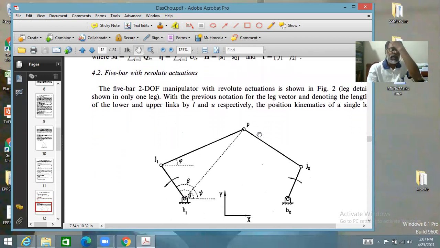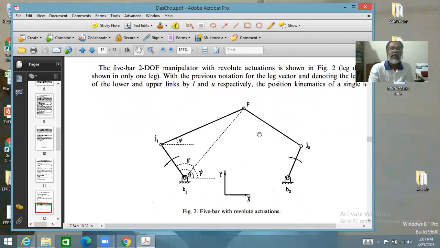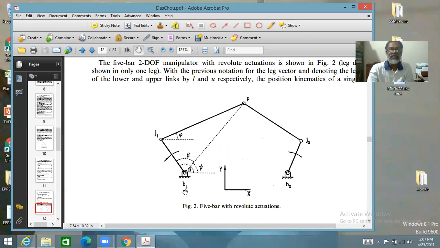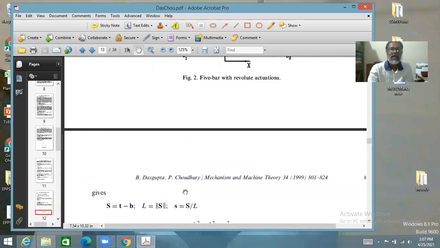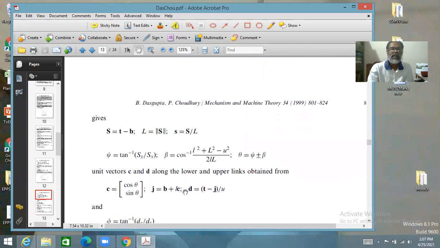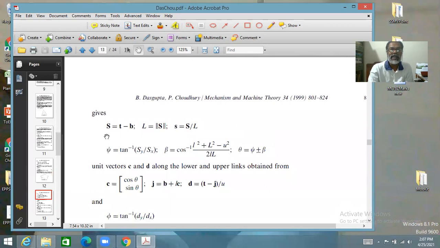Almost the whole thing conceptually the same way, but actually equations will differ. So first you will have the leg in this form rather than this. Okay. So this is the leg vector. Okay. And you can have these things as it is, but then you will need to break down into the angles.